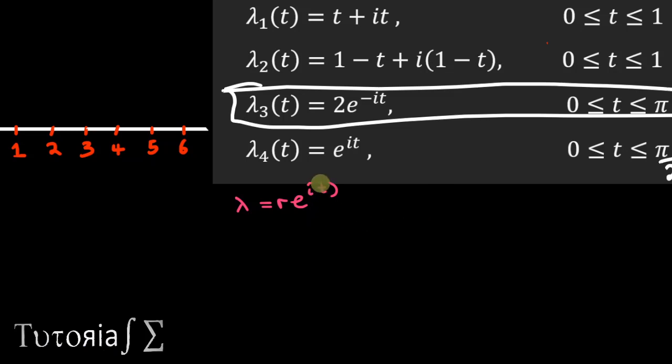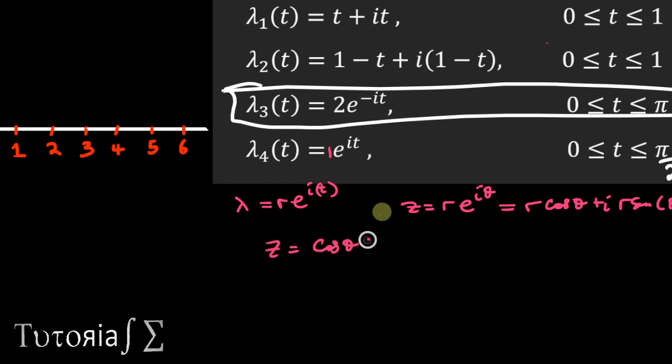We know that z is equal to r e to the i theta, which is just r cos theta plus i r sine theta. So that is our z. We can see that our r is 1, so our z would just be cos of theta, which is t. Just say cos of t plus i sine of t.